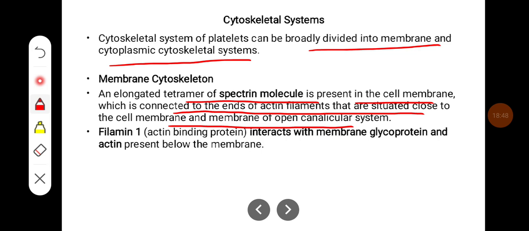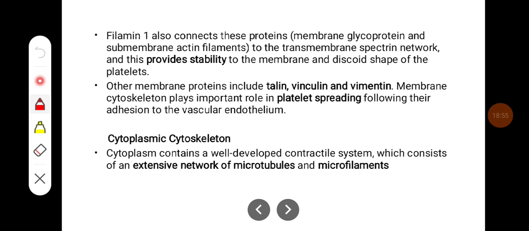Filamin 1 interacts with membrane glycoprotein and actin present below the membrane. Filamin 1 also connects these proteins, that is membrane glycoprotein and submembrane actin filaments, to the transmembrane spectrin network, and this provides stability to the membrane and the discoid shape of the platelets.